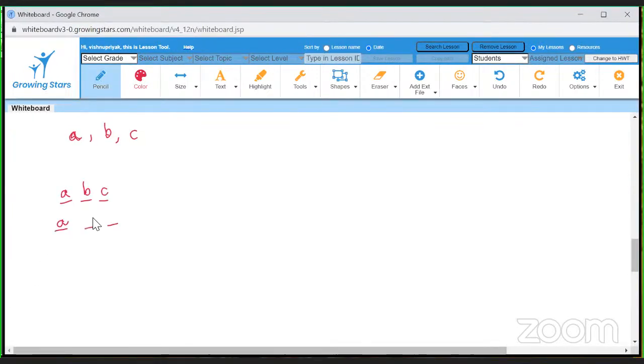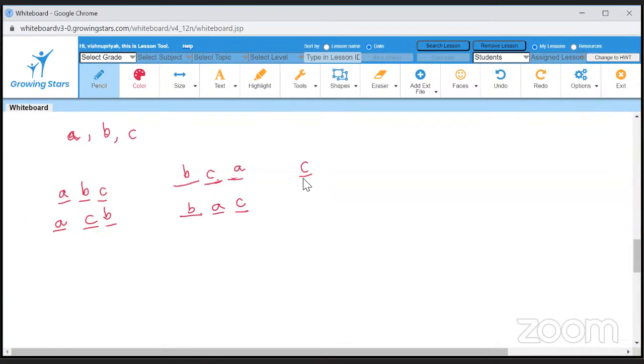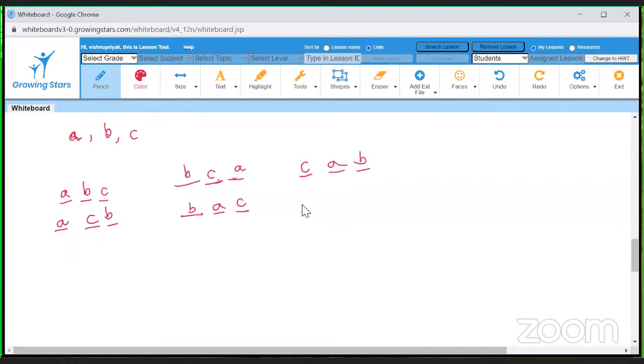Otherwise, keeping A same, you will arrange B, C as C, B. Otherwise, I will take B, A, C. Or instead, an easy method, I will take B, C, A. Keeping B same, I'll arrange C, A as B, A, C. So 2 more ways. Now I'll take C first, then AB. Keeping C as it is, I can arrange AB as BA. So total 6 ways I can arrange.